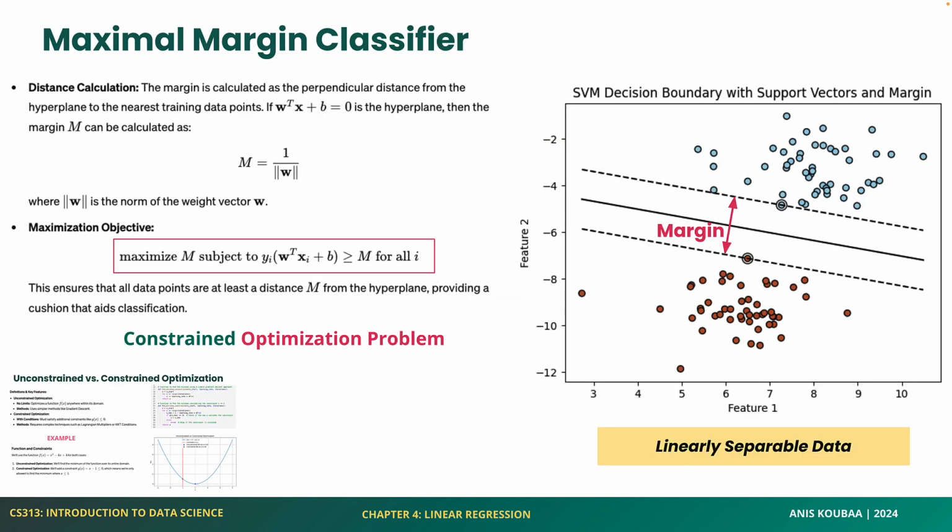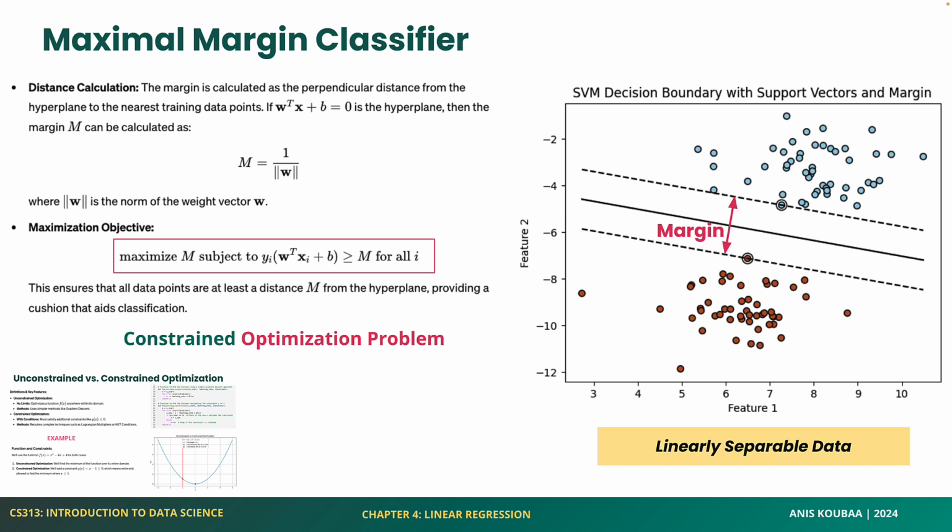And at the end, we came to the conclusion that the maximal margin classifier in SVM is basically to maximize the margin, which means minimizing the norm of the weights that we look for. So we're going to find the weights Wi such that we minimize the norm of the weight vector, which is the square root of the sum of the squares.